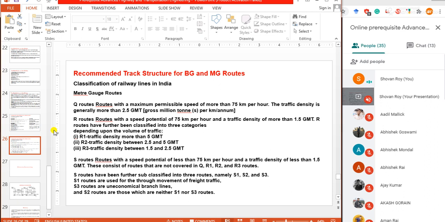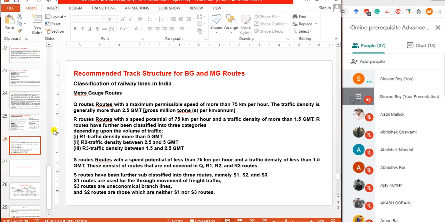After this, recommended track structure for broad gauge and meter gauge, also tracks on meter gauge routes have been classified based on speed and gross million tons in categories Q, R1, R2, R3, and S routes. The S route of meter gauge has been further classified as S1, S2, S3 routes.